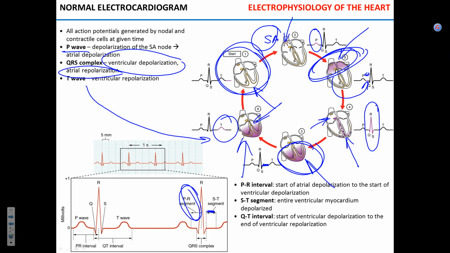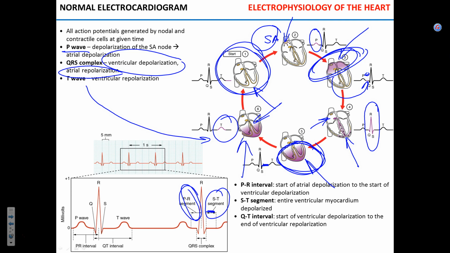We're good? ST segment is the time when the entire ventricles, all ventricles, the entire ventricular myocardium is depolarized. We're clear. So segments refer to the time when everything is depolarized.